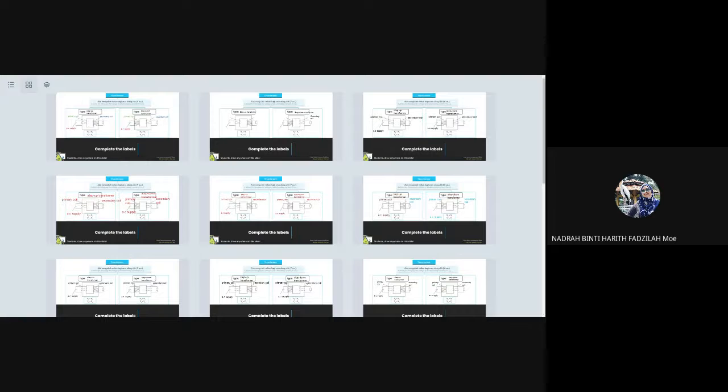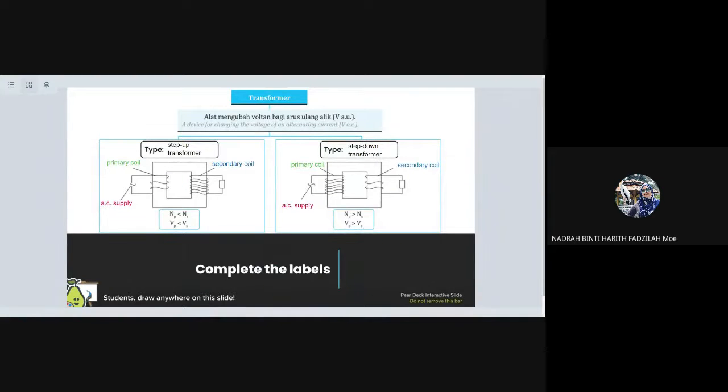Kita tengok satu sampel jawapan kat sini ya. Alright, so let's see here. Yes, on the left side is the step up transformer and on the right side is the step down transformer. Okay, kemudian labeling tu on the left side is the primary coil and connected to the AC supply.